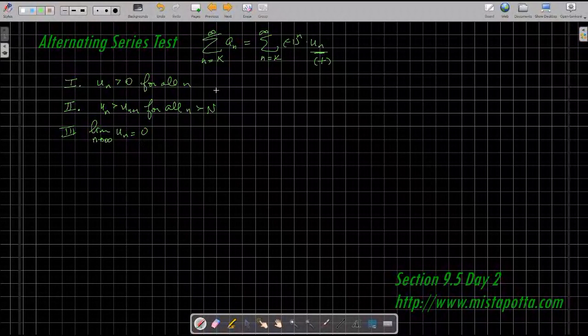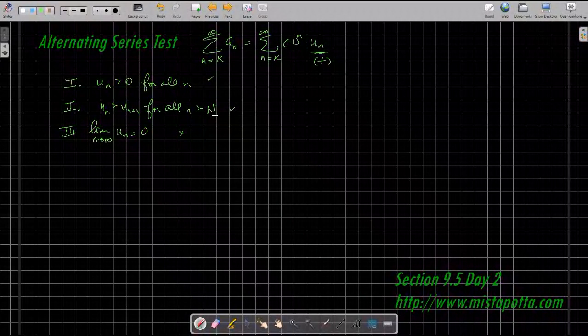Because it would be possible to have a series like this that violated this because these terms were approaching a value of 1. So I might have a series that went like something like 3/4, then 2/3, then just something like that, where these terms get closer and closer to 1.